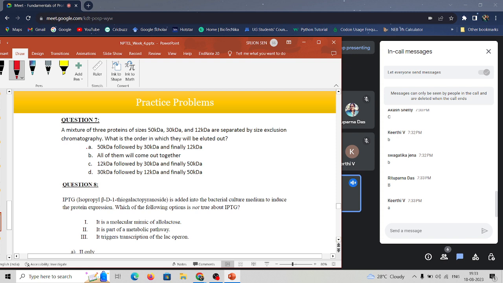Anyone else with a different answer? Yes, so higher molecular weight proteins elute faster and the lower molecular weight proteins elute last. So A is the correct option.